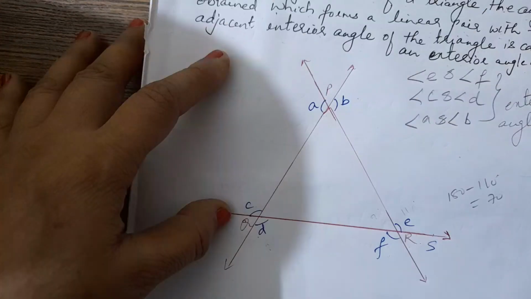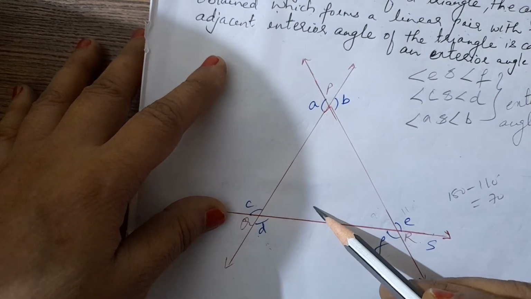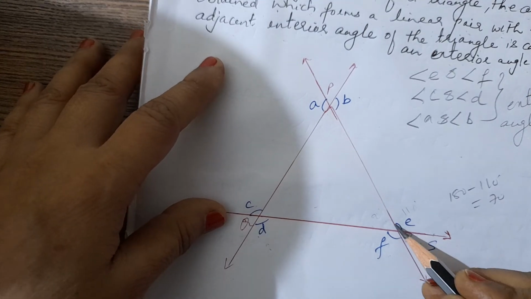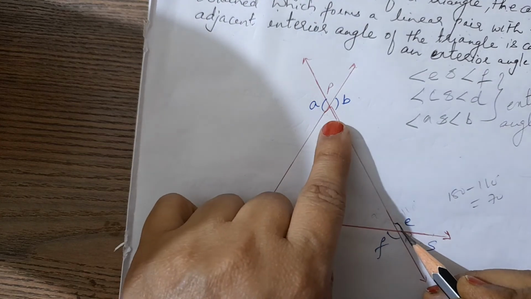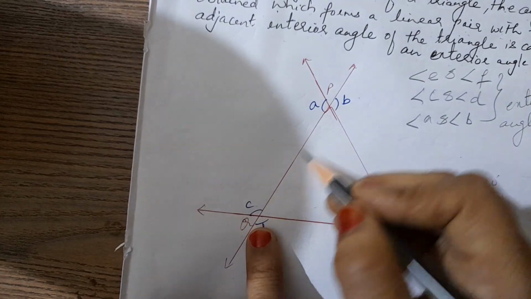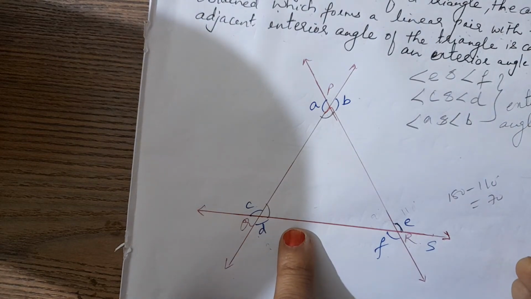Now let us understand the other remote interior angles of a triangle. See children, if you consider this exterior angle, the interior angles P and Q will be the remote interior angles.